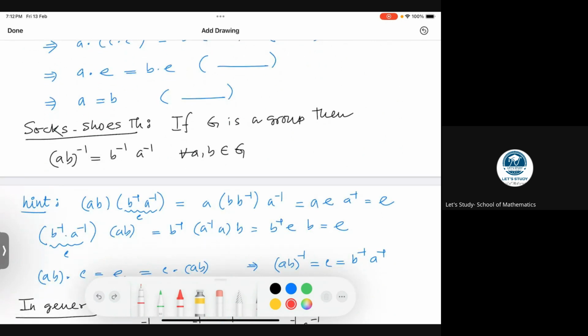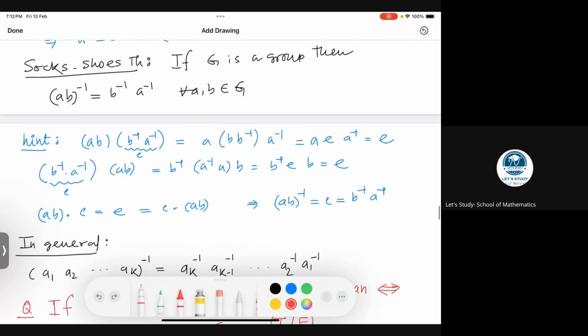Now, the socks and shoes property. What is the socks and shoes property? The inverse of AB is equal to B inverse A inverse. So what do you want? You want to find the inverse of AB, right? What is the inverse of AB? Okay.